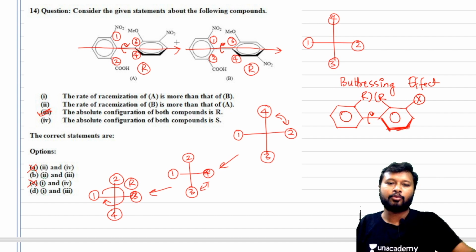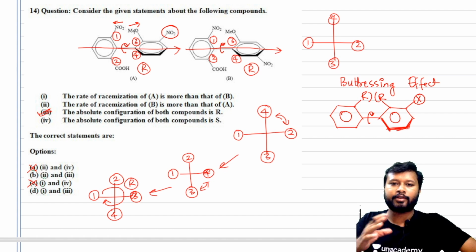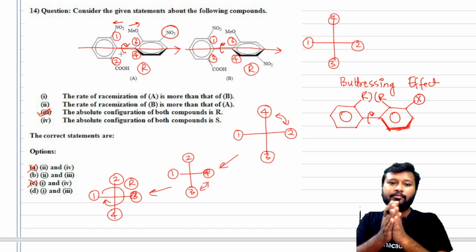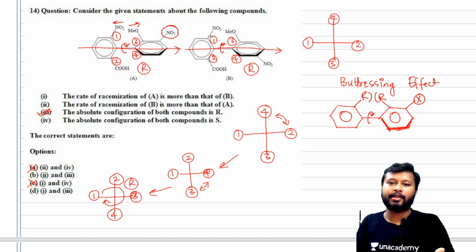And if you see both these molecules, this thing is possible in A only, because here again the rotation would have been possible if these groups move away from each other or these bonds bend away, but because of the presence of this nitro group, it is going to restrict that particular bending, and that's why A will give you more racemic mixture, or it will be formed as more of two enantiomers, or two configurations, whereas in B the rotation is possible, and that's why there will be fewer different configurations.